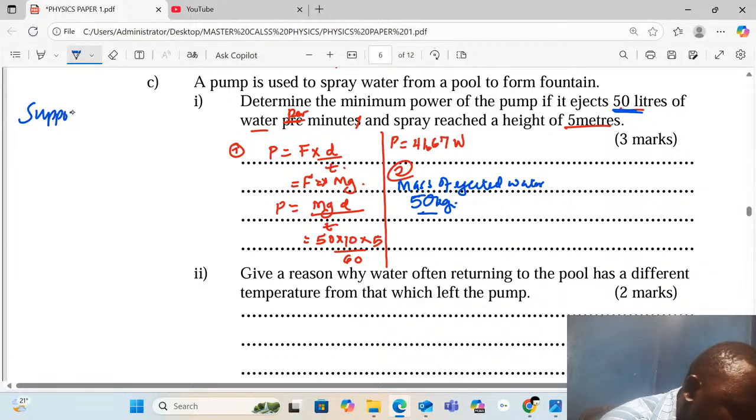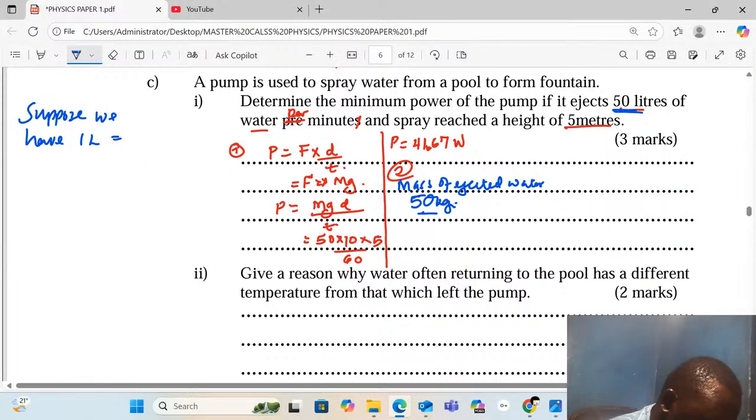Suppose we have 1 liter, which is equivalent to 1,000 cubic centimeters.